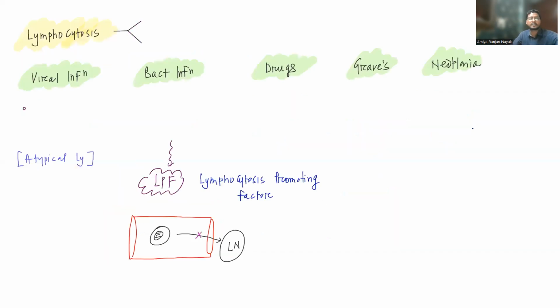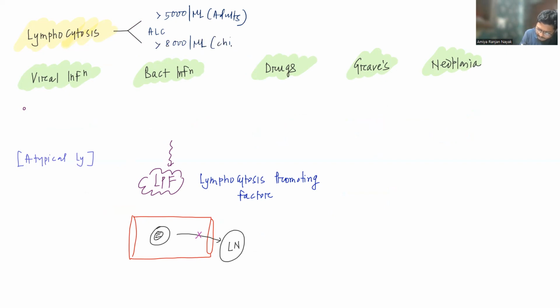Now we'll see what are the causes for lymphocytosis. First of all, what is the definition? Again, we have to see the absolute lymphocyte count. If it is more than 5,000 per microliter in adults, that is lymphocytosis, and for children, again, it will have a higher cutoff, that is 8,000 per microliter.